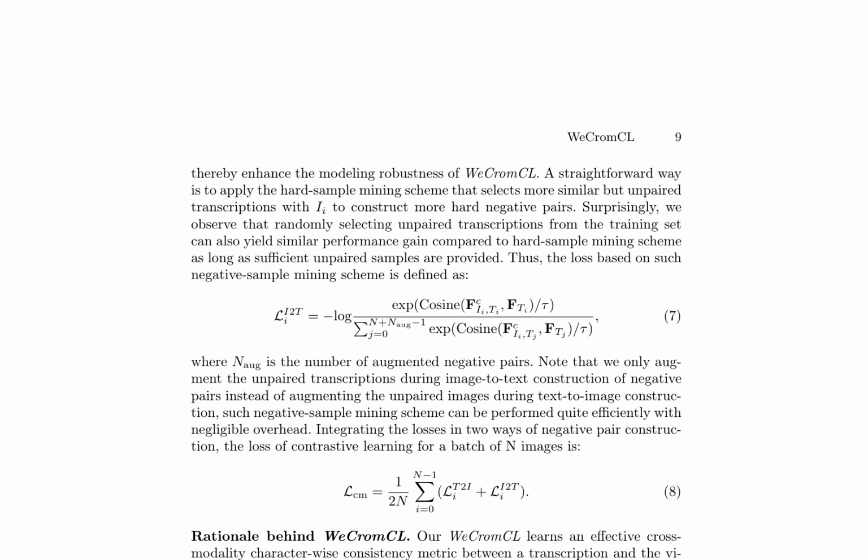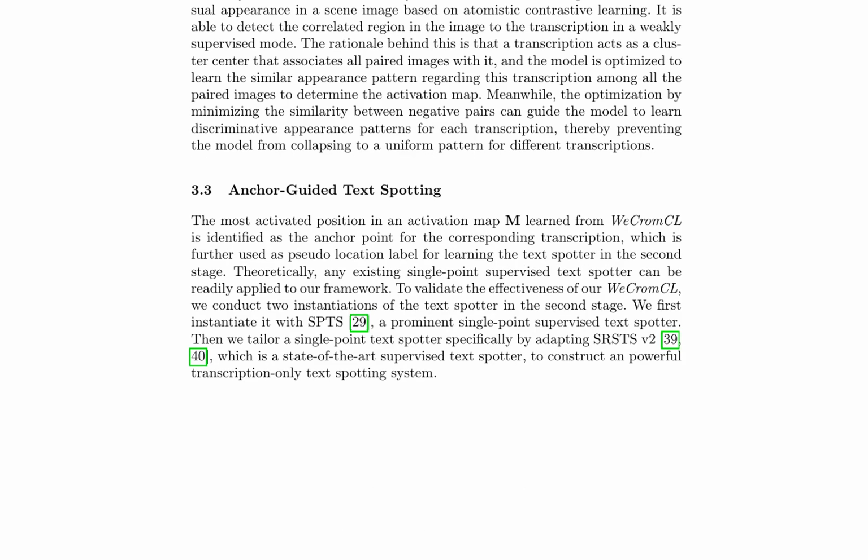Integrating these losses, the loss for a batch of n images is LCM, which learns an effective cross-modality character-wise consistency metric between a transcription and the visual appearance in a scene image. This approach detects correlated regions in images to transcriptions in a weakly supervised mode.